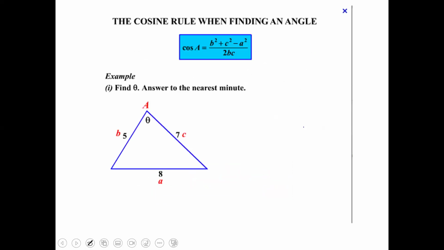And now let's try a question. We use the same arrow method. The angle theta is facing the side 8. Now copy this.